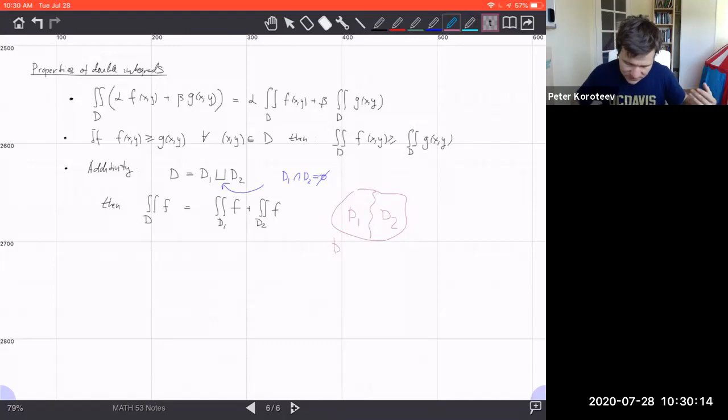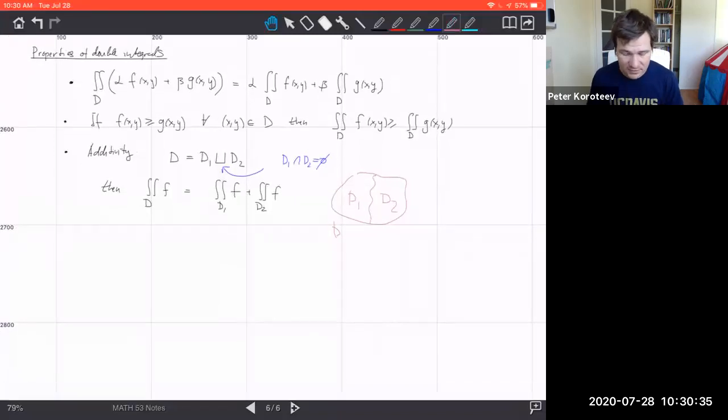So you need to subtract the integral over the intersection. Okay. So that's additivity, which of course we can use.